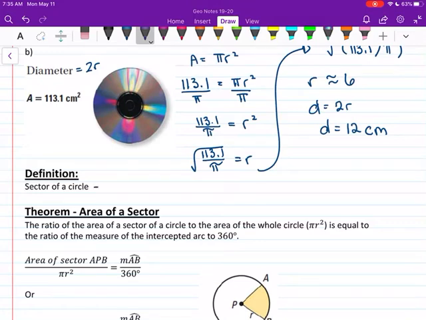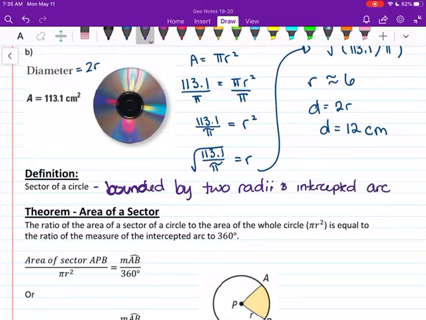So the sector of a circle is bounded by 2 radii and intercepted arc of a circle. So just think piece of pizza.